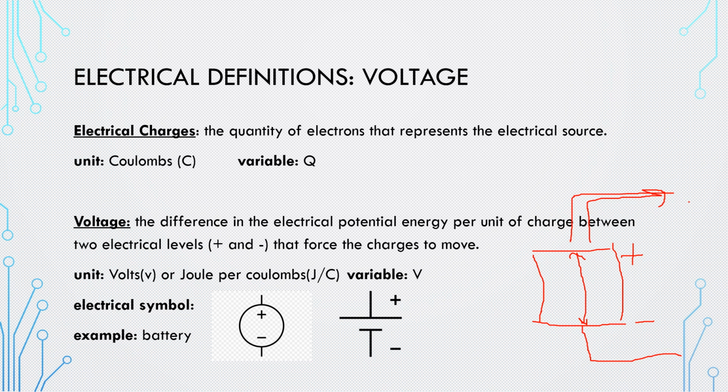But let's agree on what the unit for the voltage is. Whenever I ask you what the unit for the voltage is, we measure it by a unit called volts. And if we want to relate it to the charges, this is the formula. It is just energy, joules, per coulomb. So how much energy per charge I need to push out the charges.